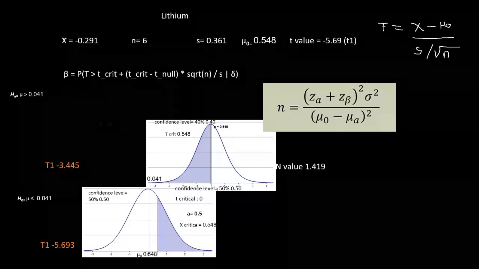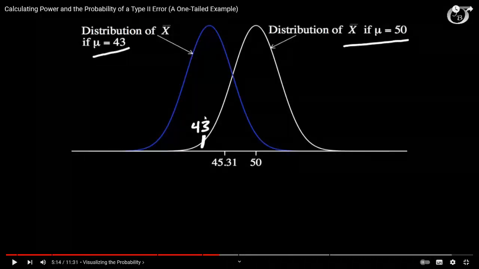Okay, so this apparently is meant to be the alternative one, the blue one, and the white one is the null one, and this one is centered at 43.